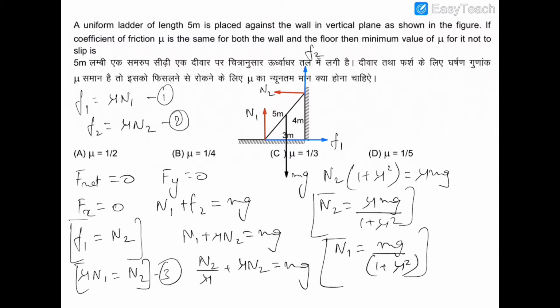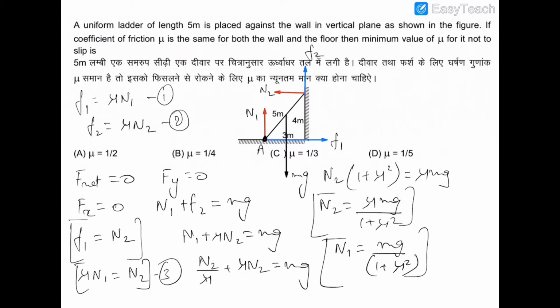Now let us equate the torque. So let us equate the torque about any of the point. So let us choose this point A and let us equate the torque about A. So we know that the torque about A would be 0 because rod is neither rotating nor it is sliding.